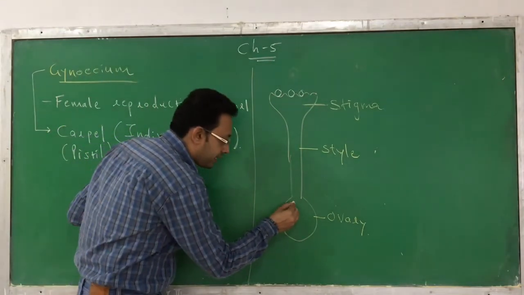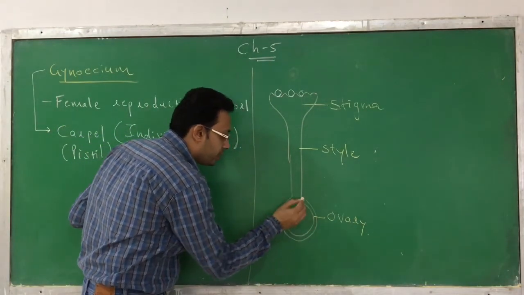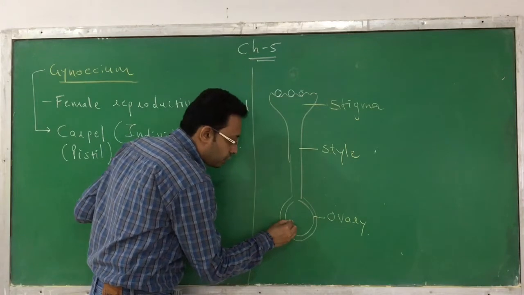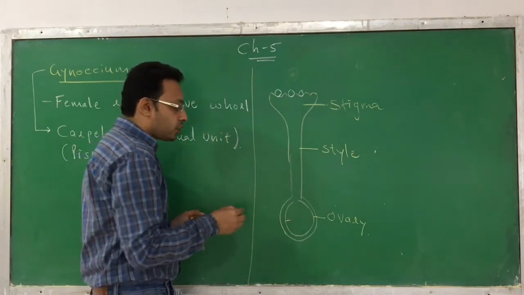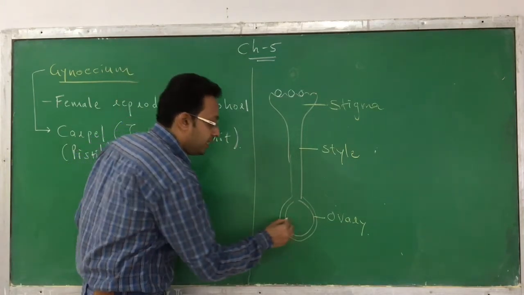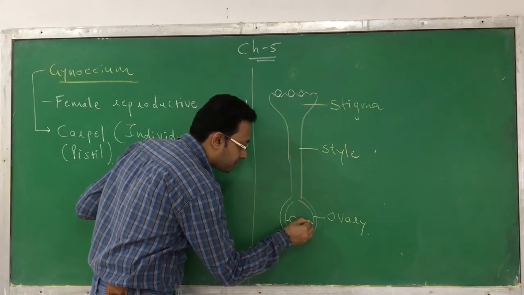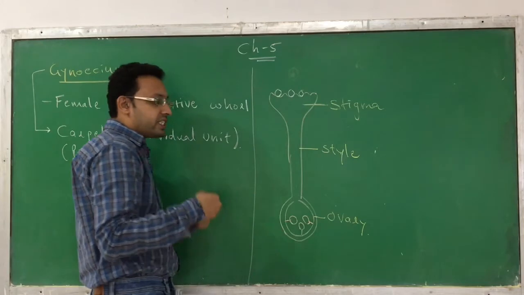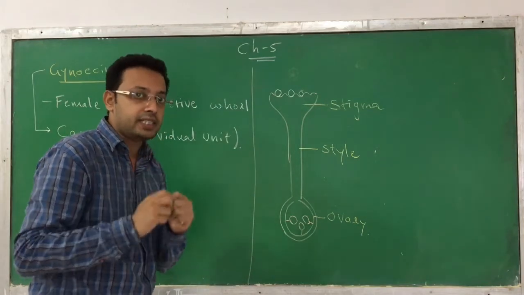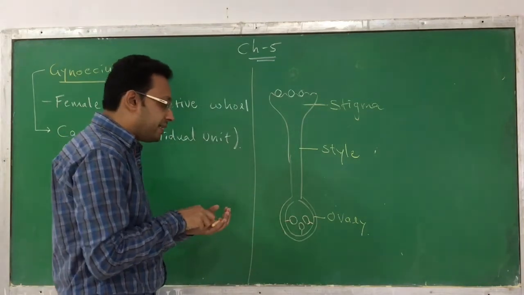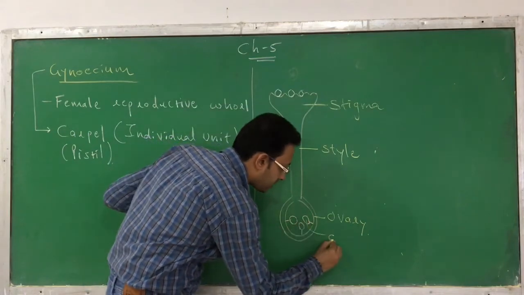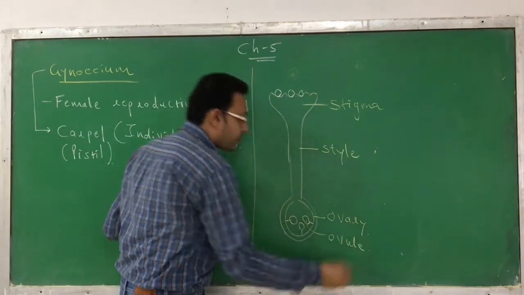Now this ovary contains a stalk-like portion. This stalk-like portion is called placenta, and it bears the ovules. A stalk-like portion attached to the ovary is called a placenta, and this placenta bears ovules. So these are called ovules.